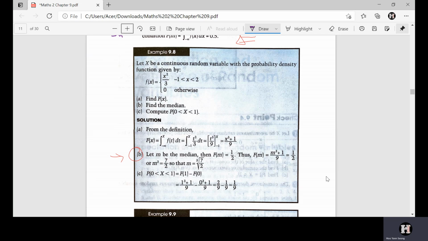But this function tells you that f(x) is only defined between -1 and 2, and others than that are 0. So although it's the integral from negative infinity to x of f(t) dt, from negative infinity until -1 you are integrating zero.